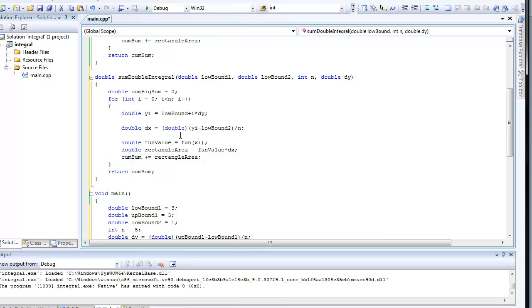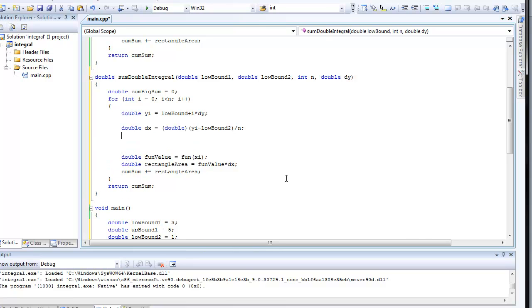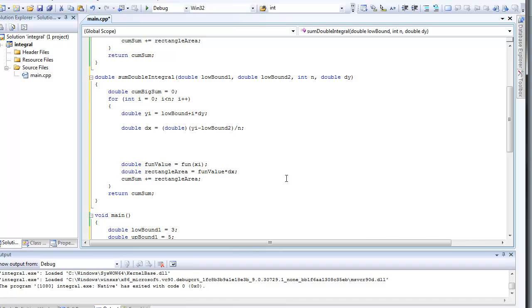So we have the differential for the inner integral, and then using this differential we just calculate the value of the inner integral. This is where the second loop comes into play. So we say for j equals 0, j is less than n, then do j++.